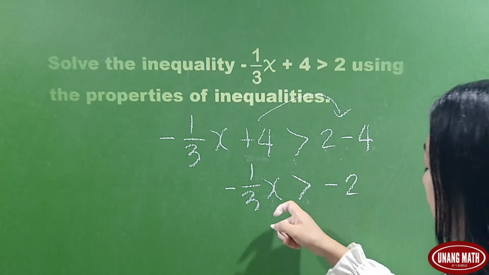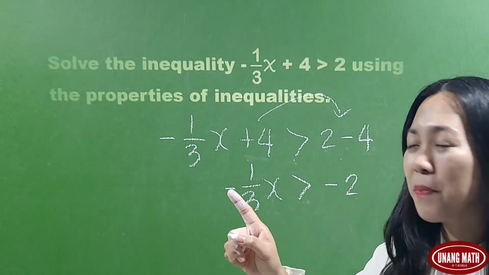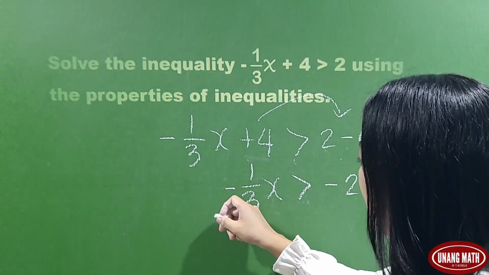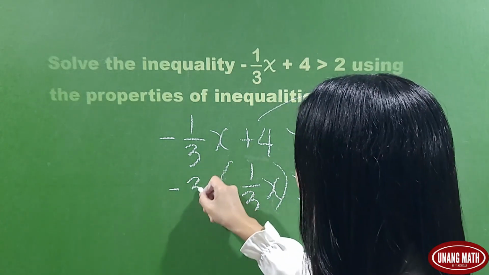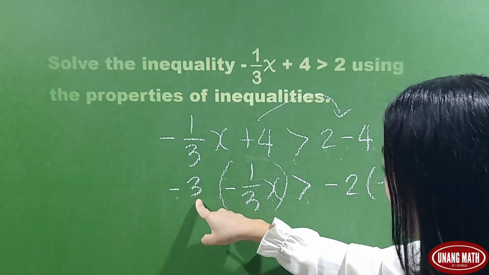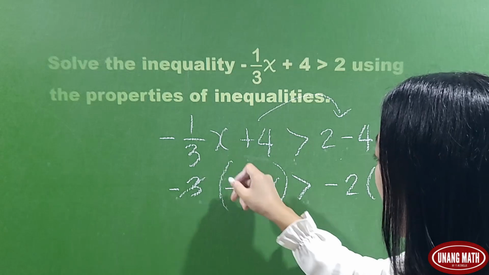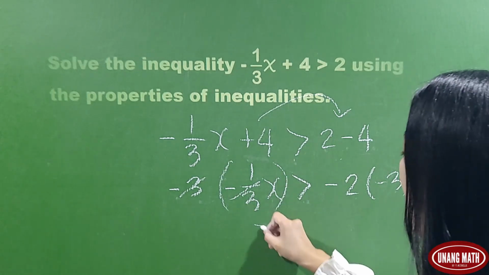Now, since we're looking for the value of x, we need to multiply both sides of the inequality by negative 3. If we multiply both sides by negative 3, negative 3 times negative 1 over 3 is now positive 1, so 1x or x.